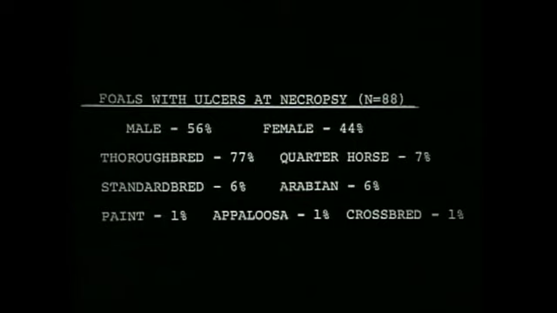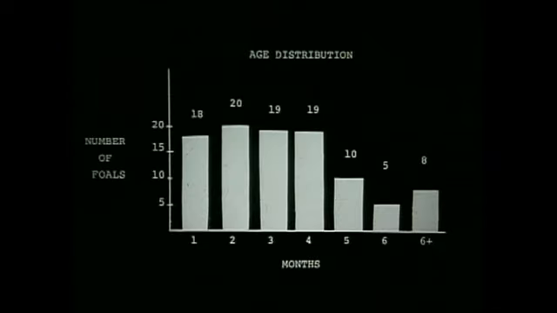And in the 80s, again, a significant number of such affected animals came to necropsy. This table lists the distribution as far as the sexes are concerned, roughly the same. Again, the thoroughbred, which is the breed that is very prominent in Florida, was involved in the highest of all the percentages, but it affected other breeds as well.